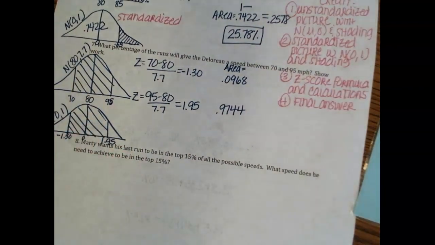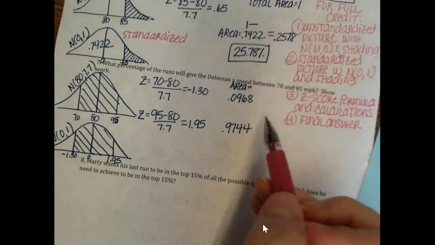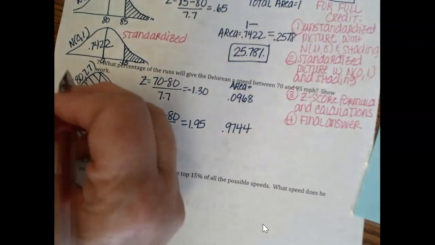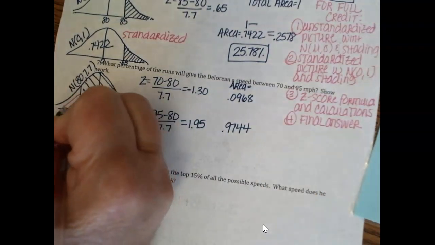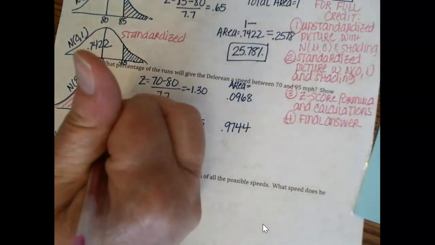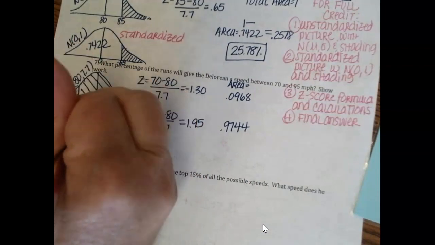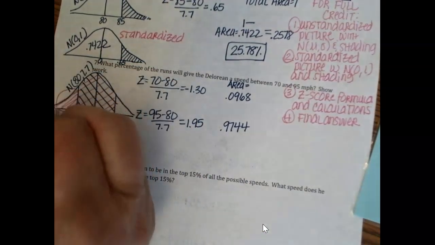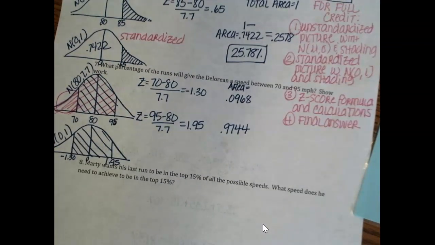Okay, so let me kind of take a look here. The area, remember, the shading is always to the left. So this is showing this shading. And this one is showing this shading. Do you see how they overlapped right there?